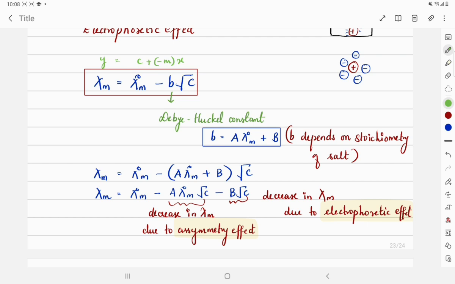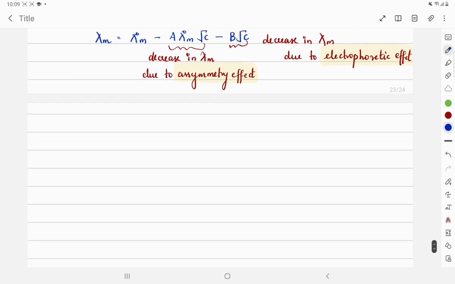Or you can simply write it as C plus mx and put m is equal to minus b. So this is the equation for a straight line, y is equal to mx plus c. Of that we find m is equal to minus b, where x is root c, y is lambda m, and that is what we have already seen from the graph.